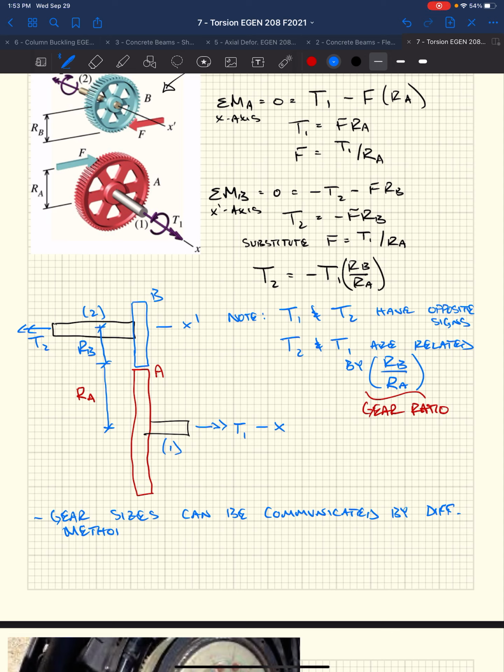Okay, we've got radius, which is how we did it. Sometimes it can be based on diameter. Sometimes it can be based on number of teeth. Right? Mountain biking is a prime example of that. Okay?